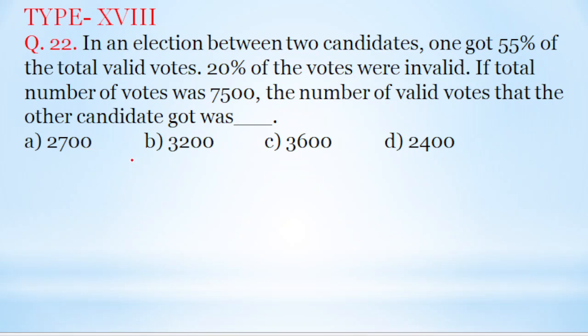Now before we start solving these questions, first I have to explain some basic concepts. Initially we have the voter list. If some percentage of voters cast their vote, then we get the total number of votes polled.